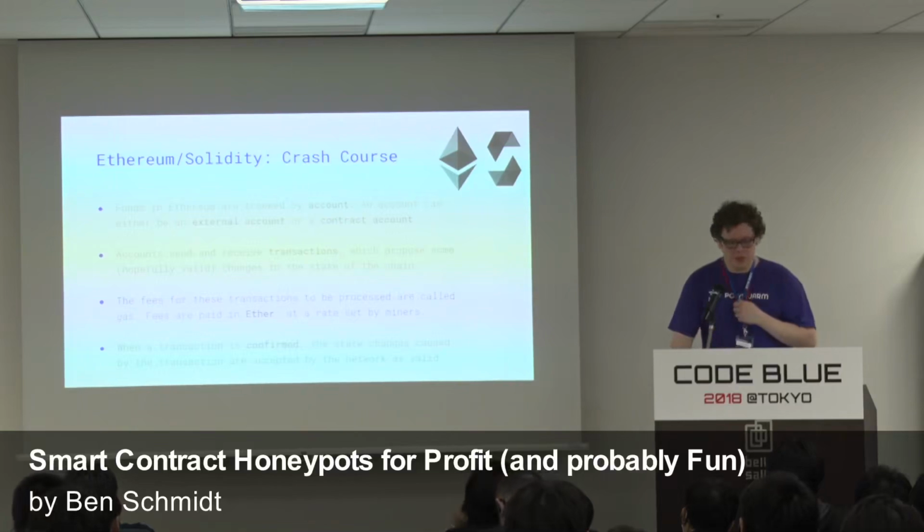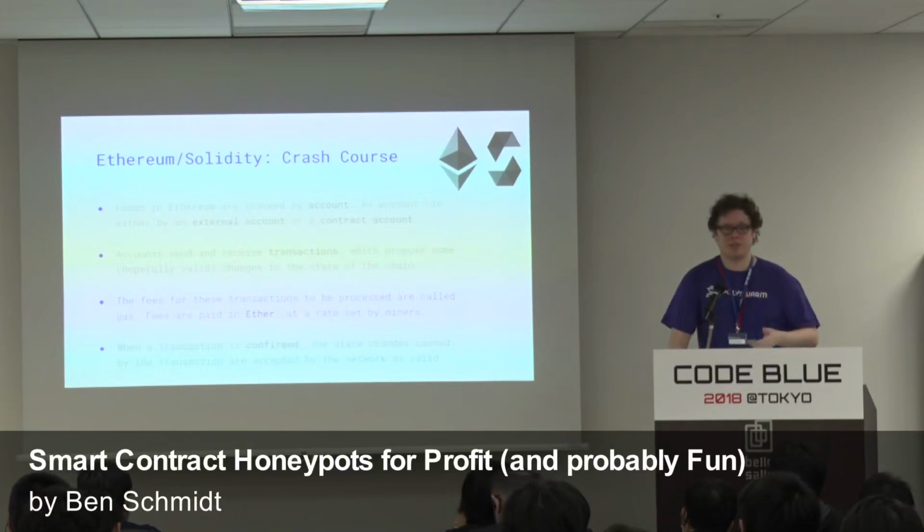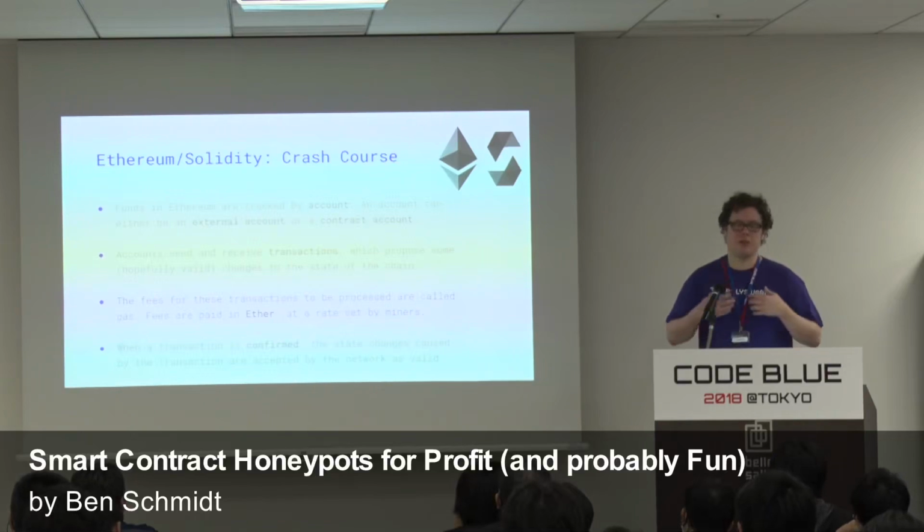So you need some small amount of money to get anything processed. You can think about it as a transaction fee. Once a transaction is confirmed, the state changes are immutable and stored forever, and more or less, it's now the truth of the blockchain that everyone can see.